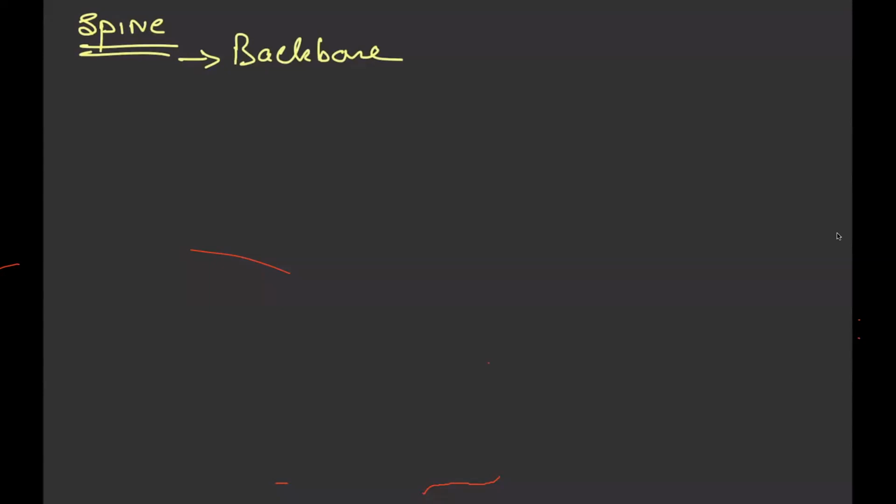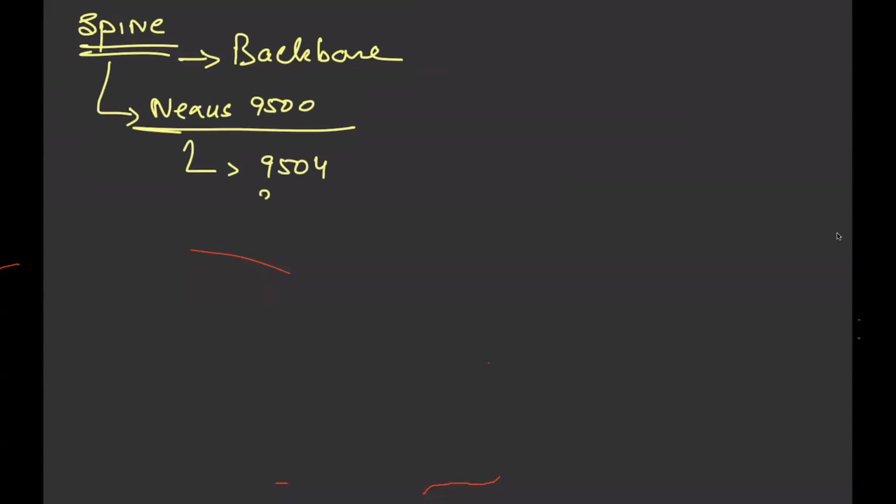Now, if we talk about spine switches, mainly you will come across the Nexus 9500 series switches. There are three models, especially 9504, 9508, 9516. The difference is basically the slots or line cards that you can fit.